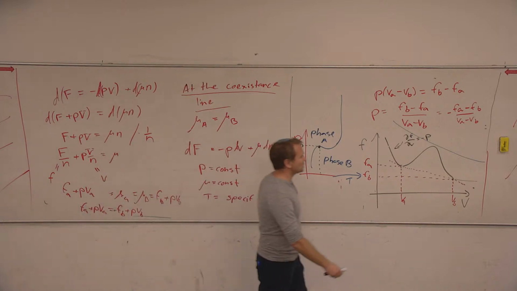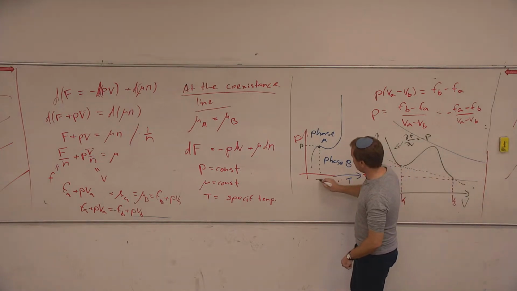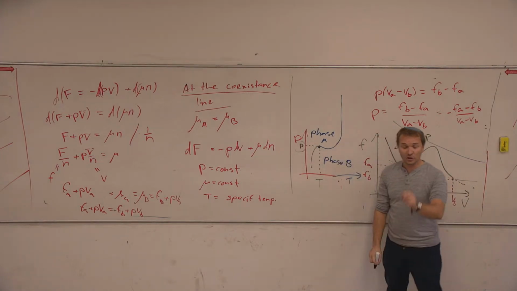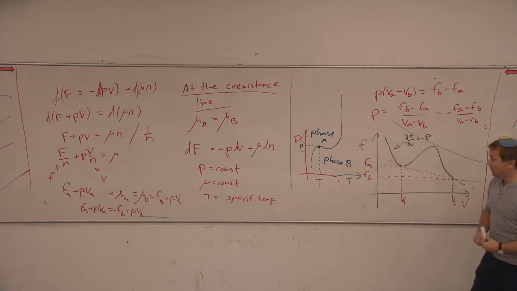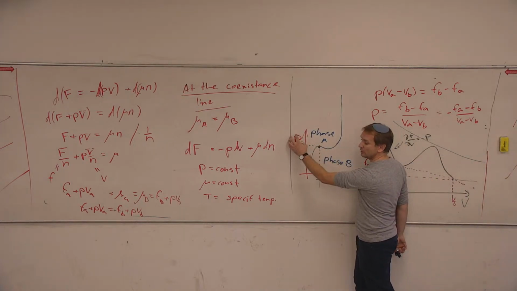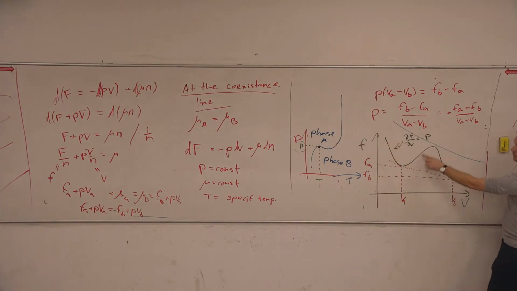Okay, so the question is, what exactly do we do and why do we do it? We need to find the critical phase transition. At the critical phase transition, we know that there is a specific temperature and a specific pressure where this phase transition occurs, due to the coexistence line. Now, how do we find this specific pressure? You pick a temperature T and plot this free energy isotherm for that specific temperature.